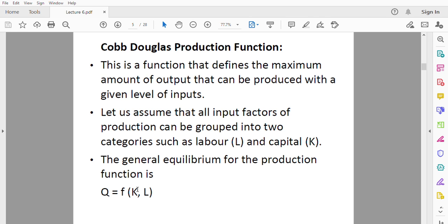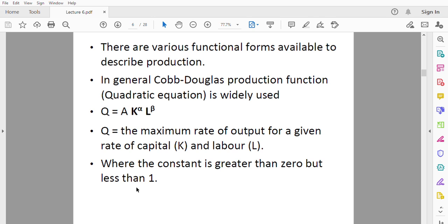K represents capital and L represents labor. But for the Cobb-Douglas production function, this is how it's represented. It is in a power form. So Q is equal to A, which is a constant, K to the power alpha, and L to the power beta. That is a typical Cobb-Douglas production function.